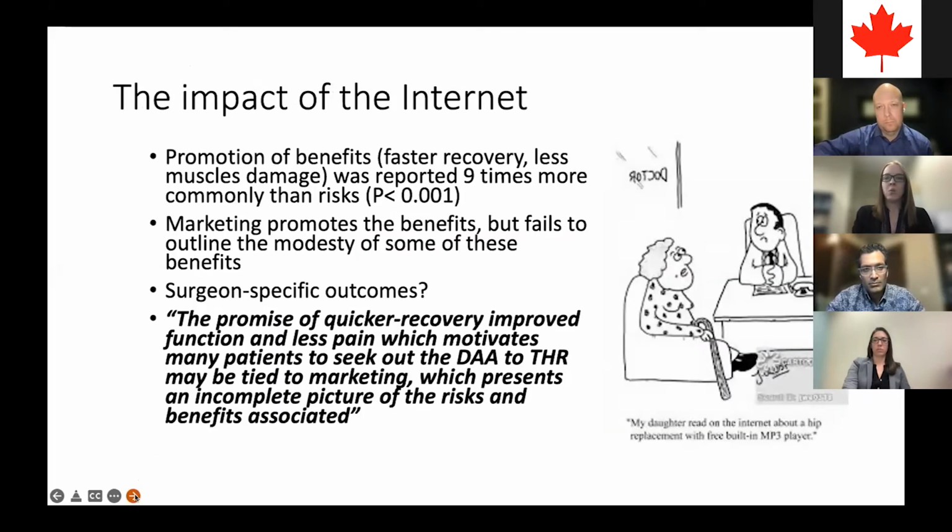And really what they concluded was that there was a lot of promotion of the benefits, and it was reported 9 times more than any of the risks, and that was significant. The marketing promotes the benefits, but doesn't really outline the modesty of some of these benefits, right? Because there's a difference between statistically significant and clinically significant.